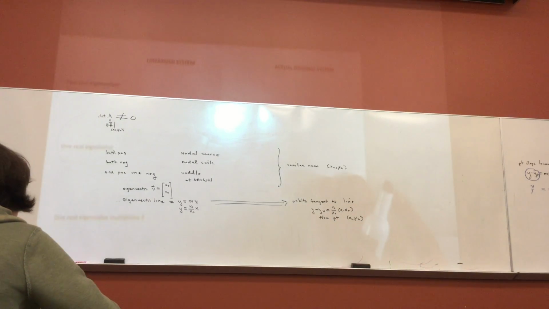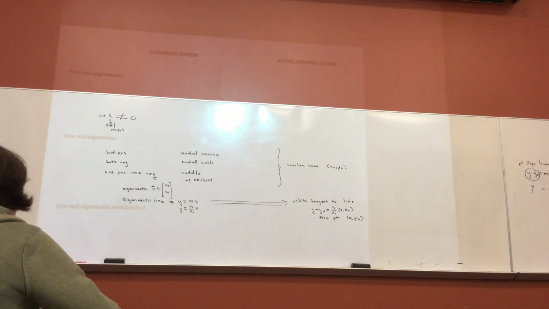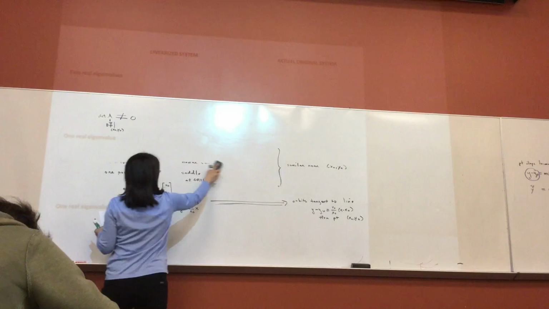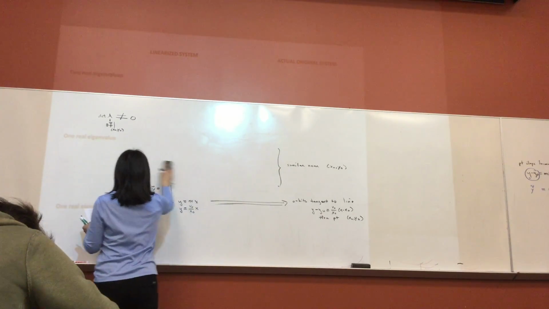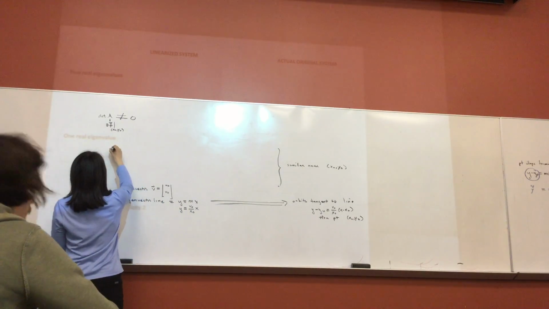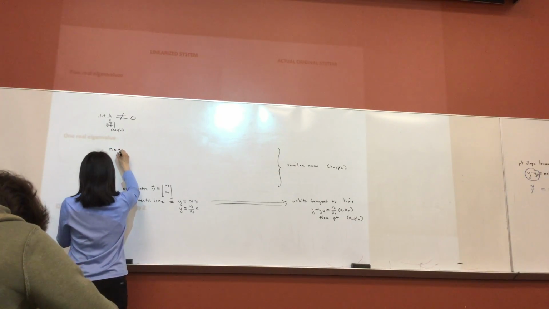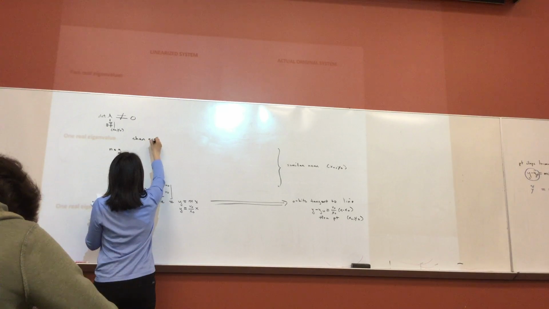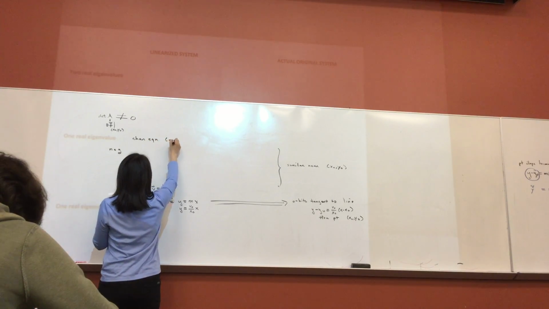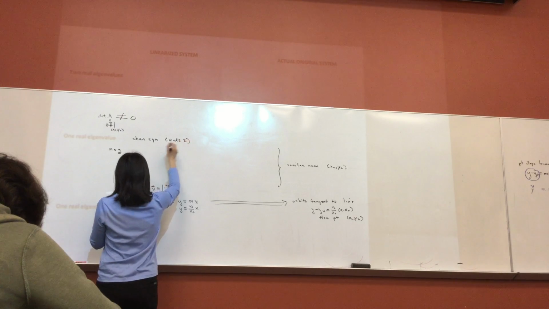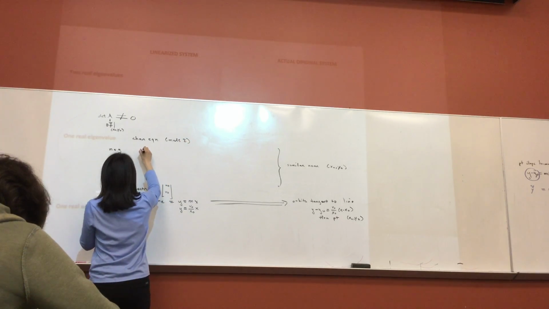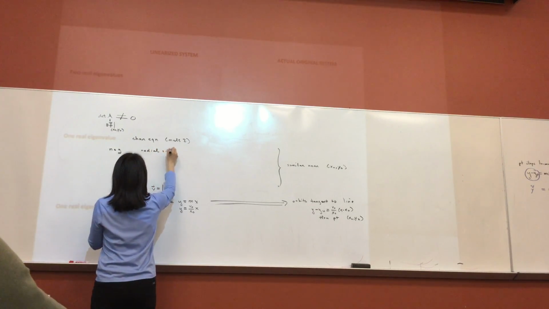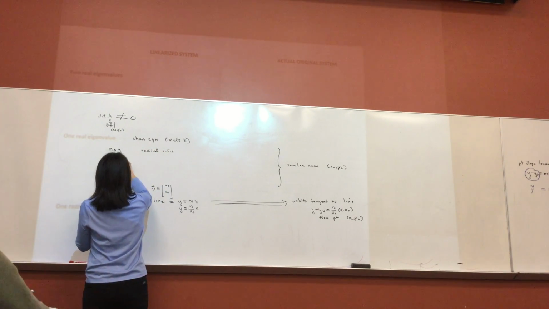One real eigenvalue. Hopefully you had a chance to look at it in the book. If it was one real eigenvalue with multiplicity 2 in the characteristic equation, and it was negative, this was called a radial sink, and this was called a radial source.